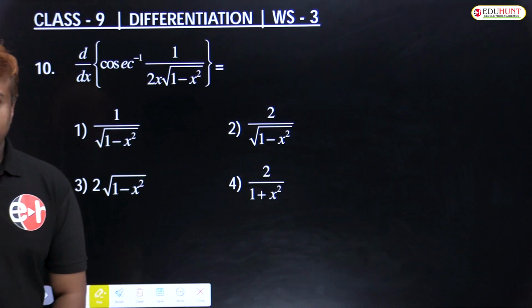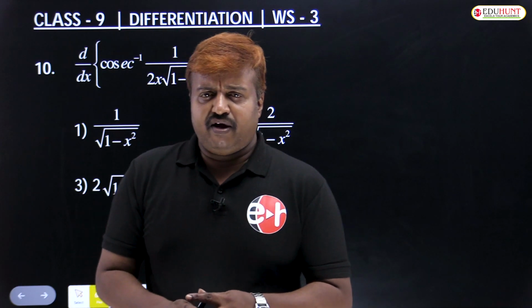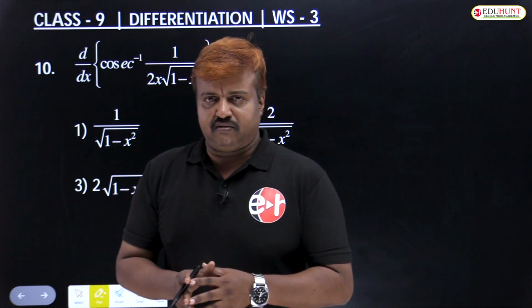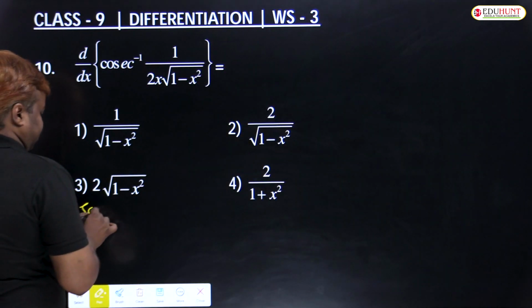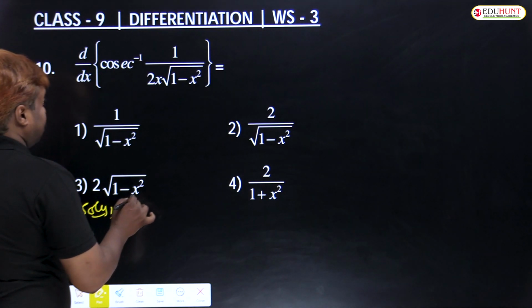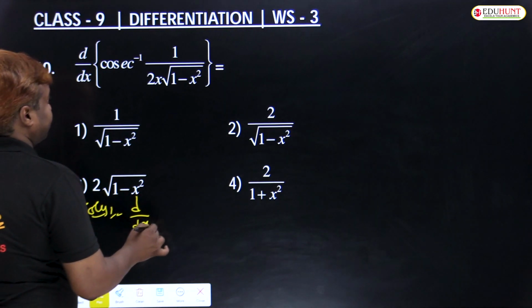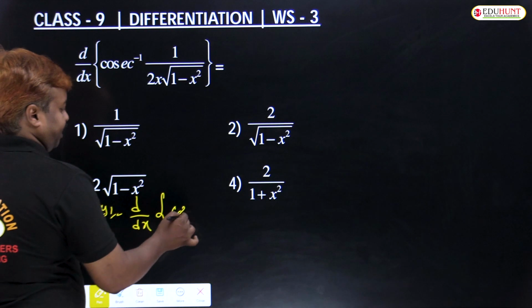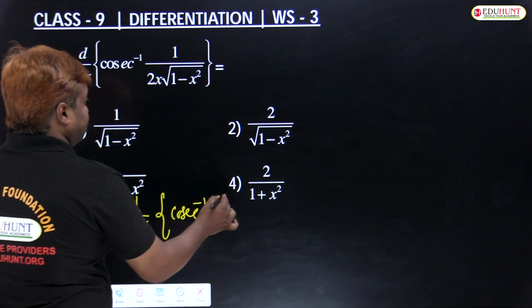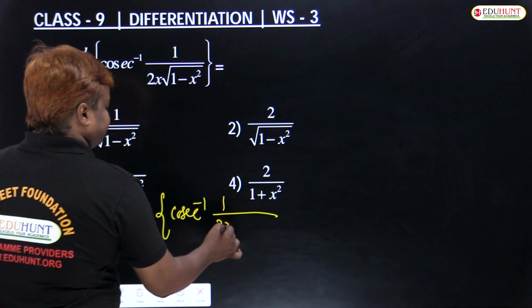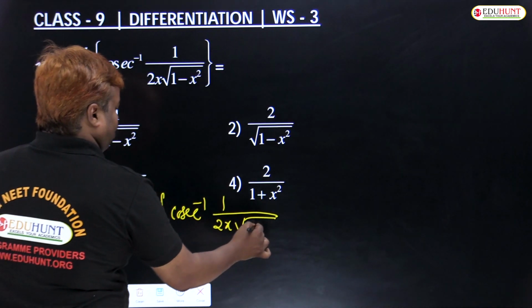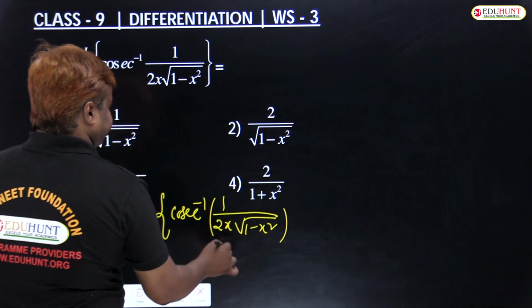Okay, now children, here we are going to discuss question number 10. Solution: d by dx of cosecant inverse of 1 by 2x into root over 1 minus x square.